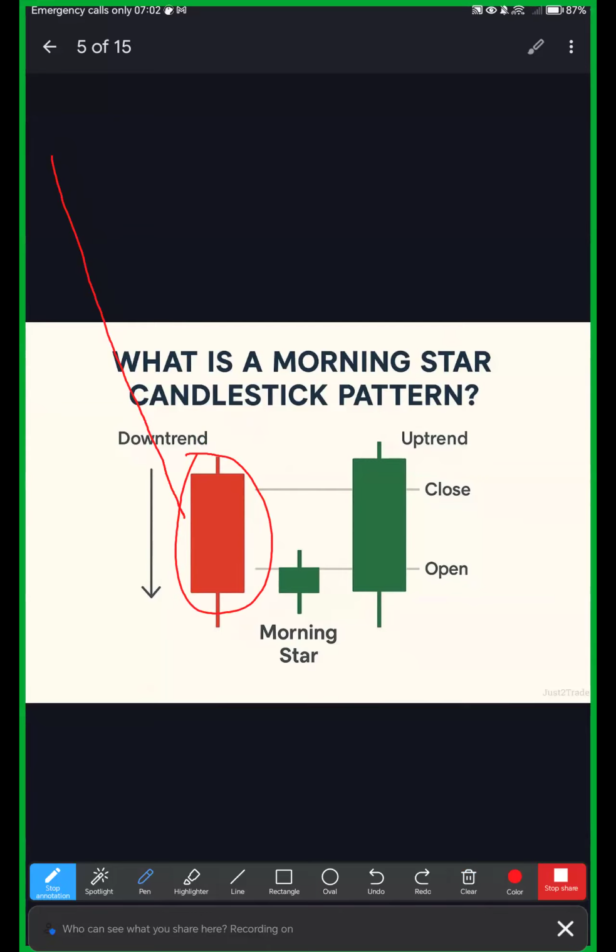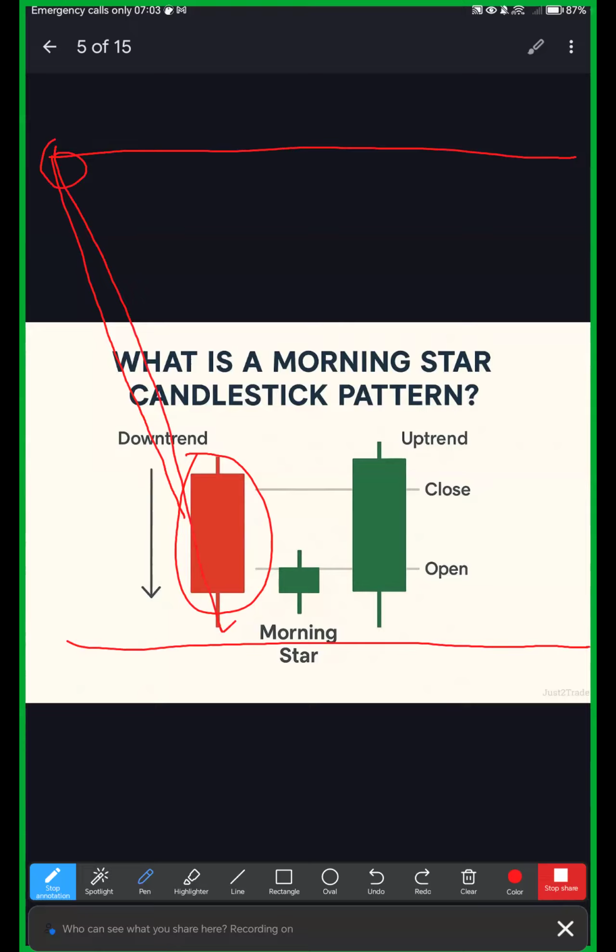But remember, I said that these chart patterns that we are trying to identify in the market, we normally identify them at specific locations. So here is the bottom of the downtrend, and this is the upper side of the uptrend. The market may come from the top and then it comes down. The market may move from the downside, it goes up.